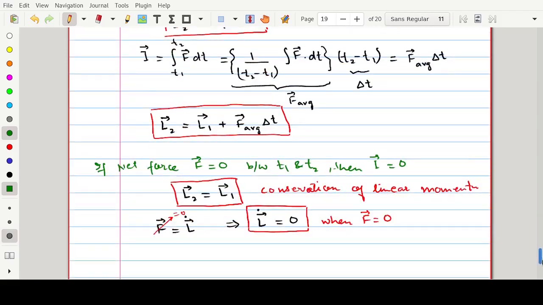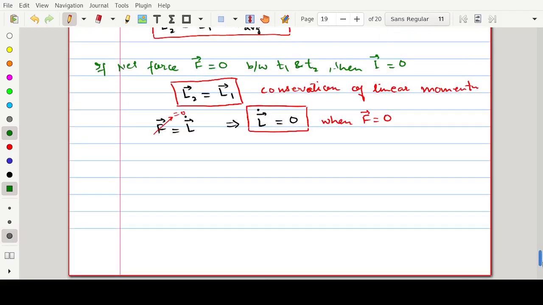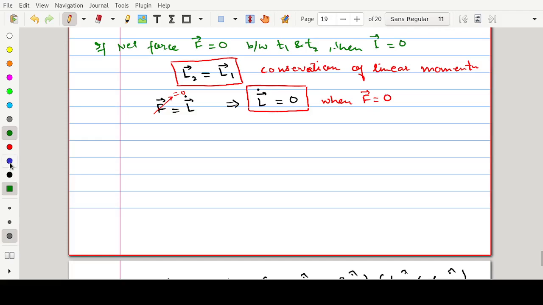Now we will move on to angular momentum. So suppose that this is your particle, it has velocity v and mass m and net force F acting on the particle, and here is my coordinate system.